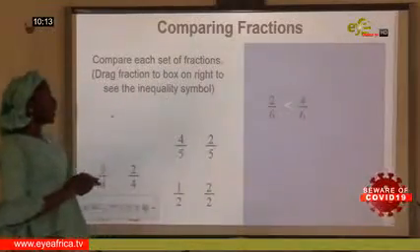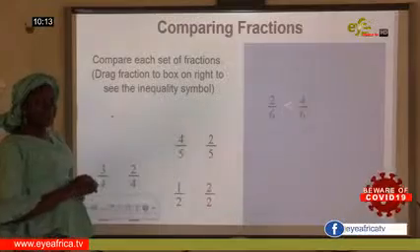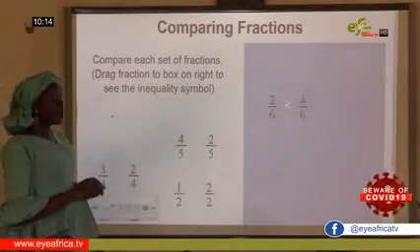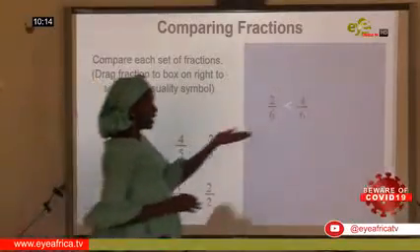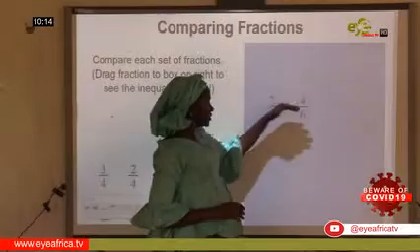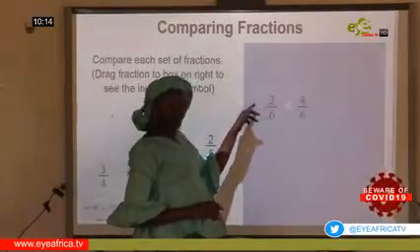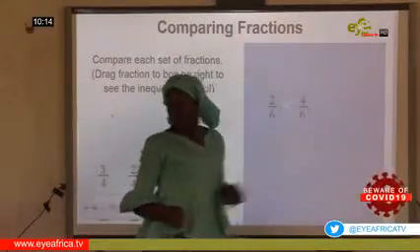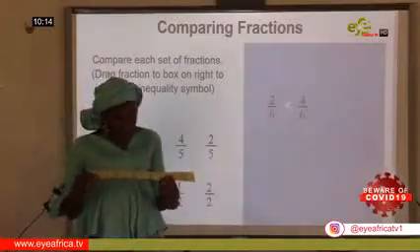Good. It says 2/6 is less than 4/6. 2/6 is less than 4/6 because they both have common denominators. Now let's consider the numerators. 4 is greater than 2, or we can say 2 is less than 4.